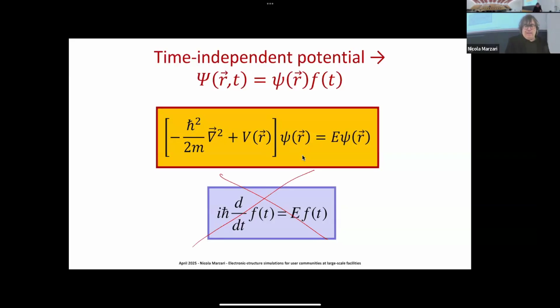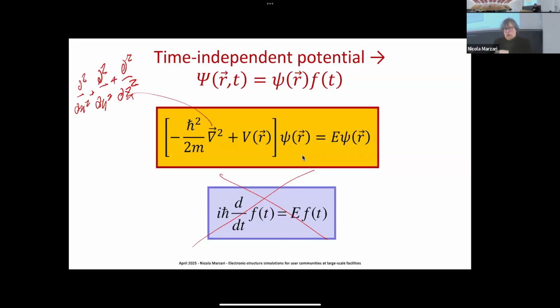The space-dependent part is now a bit simpler than what you had seen before, and is what we have to solve. Basically what this equation is saying is that we need a wave function psi such that, del square is the Laplacian, the second derivative. This symbol just means the second derivative with respect to x plus the second derivative with respect to y plus the second derivative with respect to z.